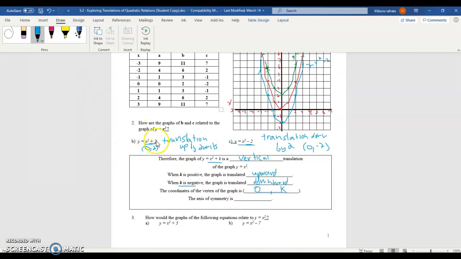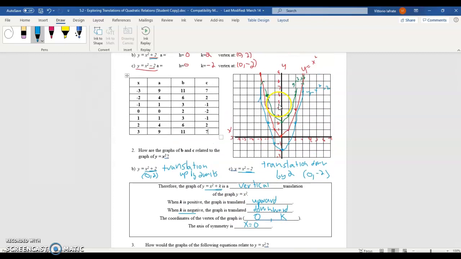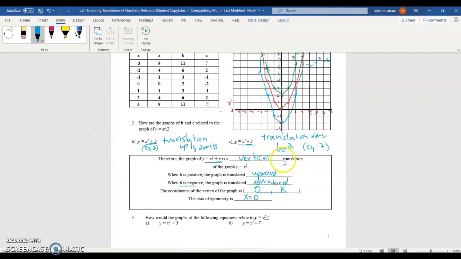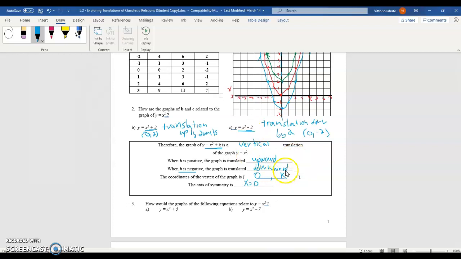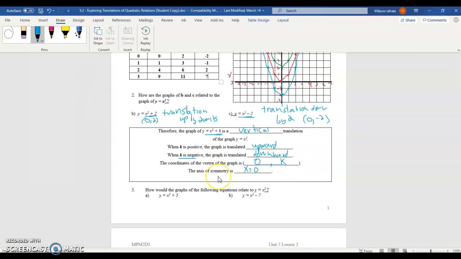And our axis of symmetry for a graph of this form here, either x squared plus 0 or x squared plus k, where k is some number other than 0, is always going to be x is equal to 0. Because our parabola is always going to lie on that x is equal to 0 line right on the y-axis. So here's x equal to 0. This is our axis of symmetry for these types of parabolas with these types of equations. So if you can recognize that, you can easily find your vertex, you can easily find your axis of symmetry, and figure out how graphs are related.